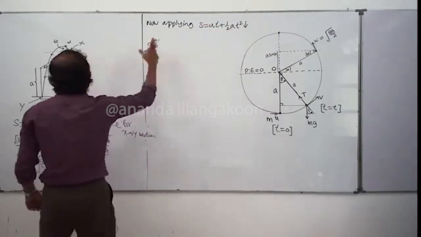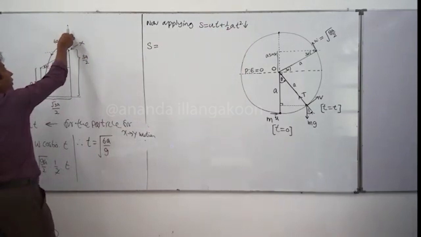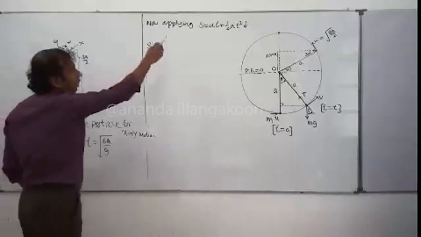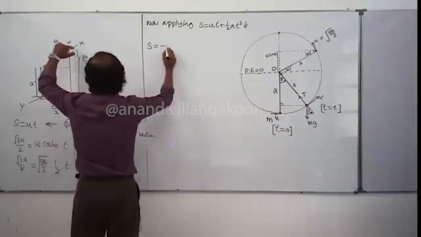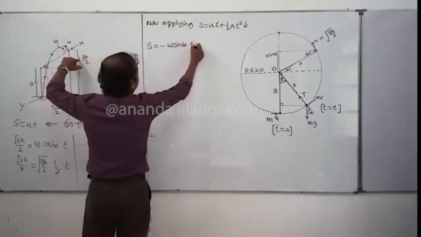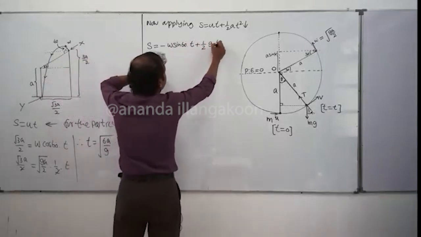U here is W sin 60, which is upward only, that initial velocity available, but we apply it in the downward direction. Therefore, that U should be minus W sin 60 times T plus half g T square.